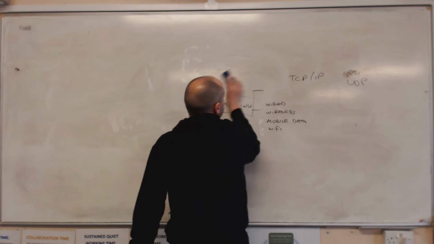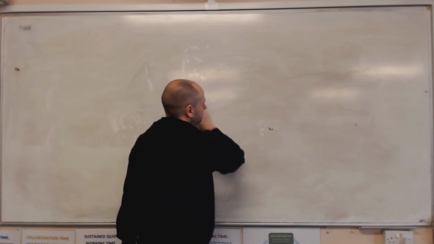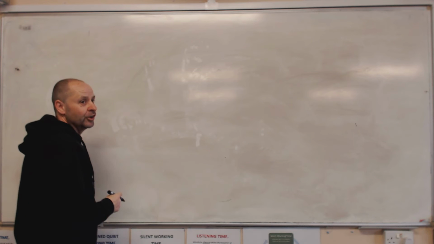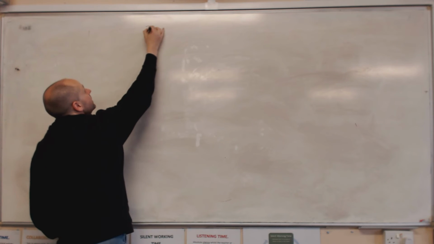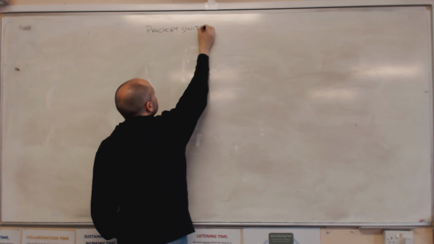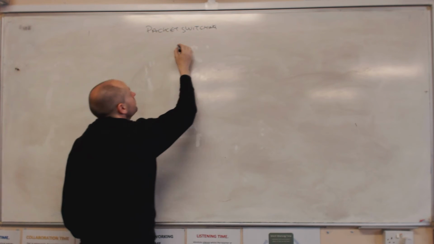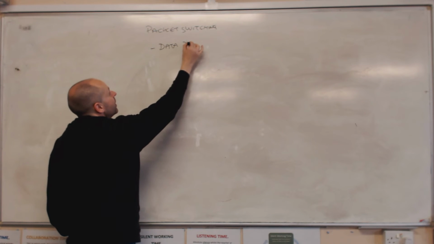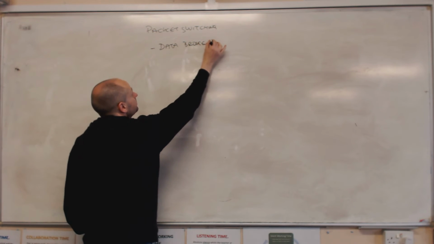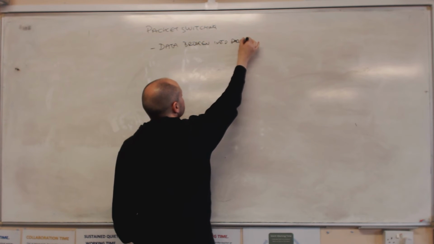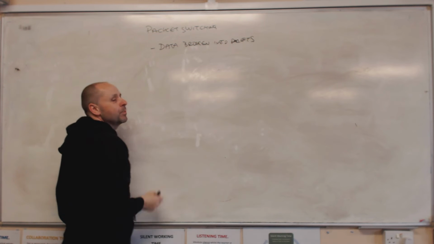Right, and the last bit on this is packet switching. Remember, that's what TCP, the transmission control protocol, is in charge of. So, data is broken into packets. Each packet is numbered.